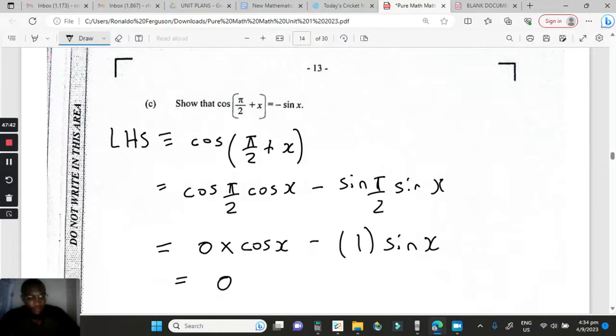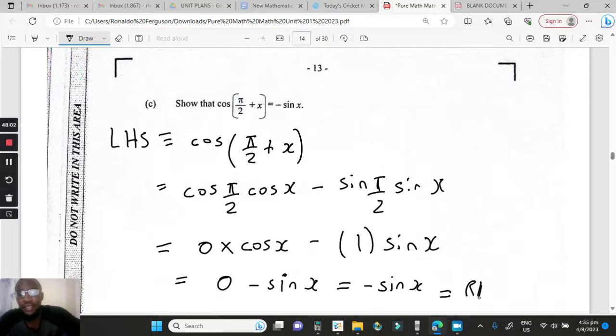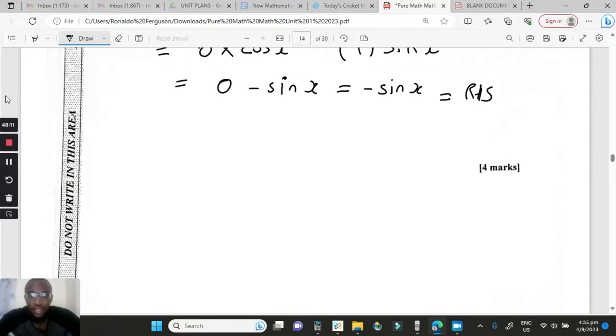Let me try again. Unplug. Right. It is now minus sine x. And 0 minus sine x is negative sine x, which is your right hand side. Very easy. It's not too bad. It's not difficult. It's not that challenging. 4 easy marks.